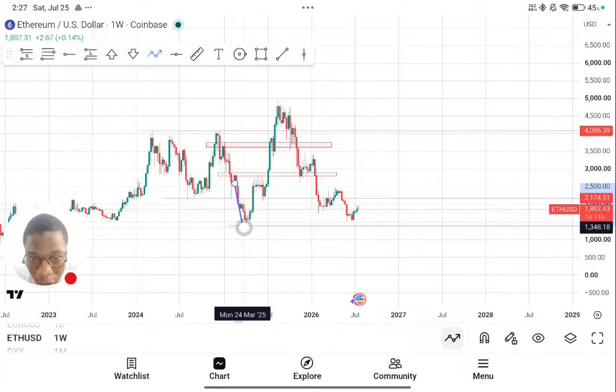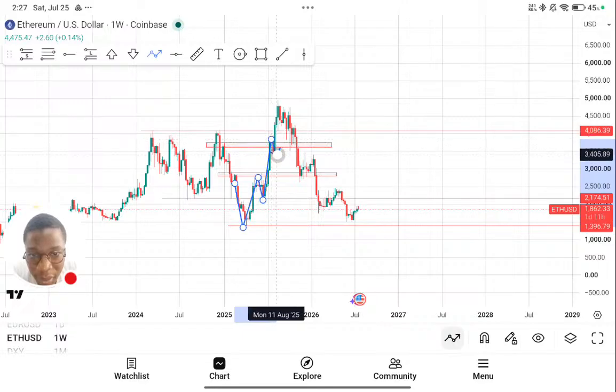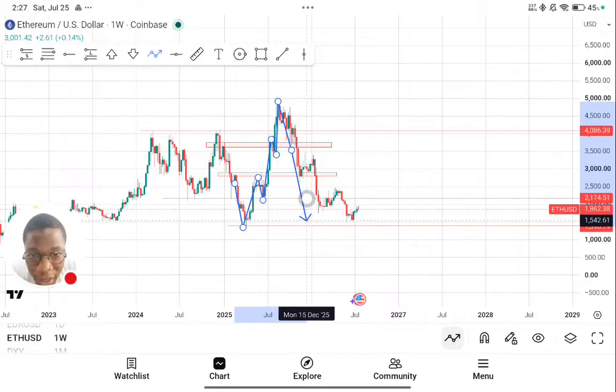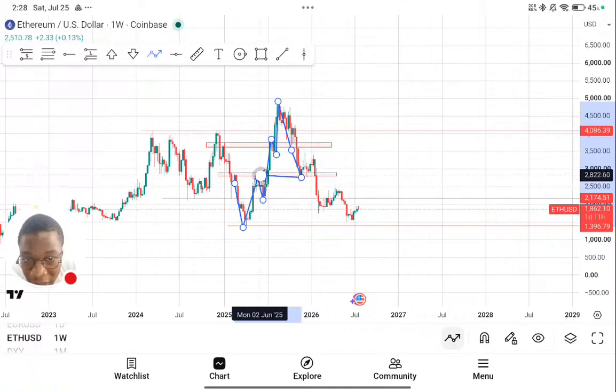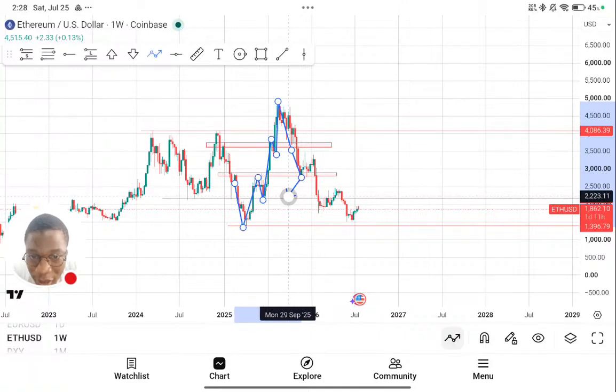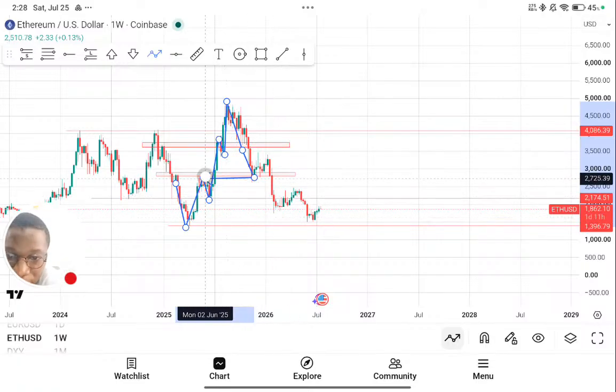It created a lower low, lower high, but then this was broken. Higher high, higher low, higher high, higher low, right? But then look at what happened again. This same guy was taken out again. So market came to test this level. You see, notice something.